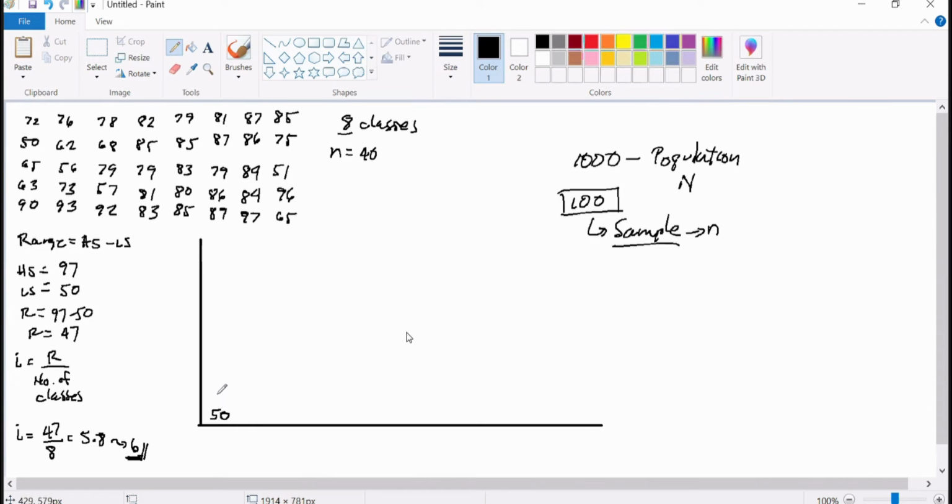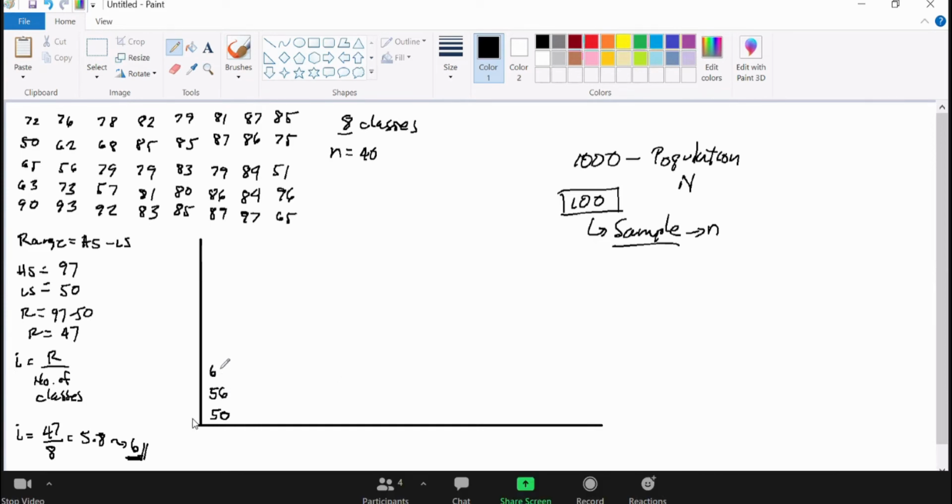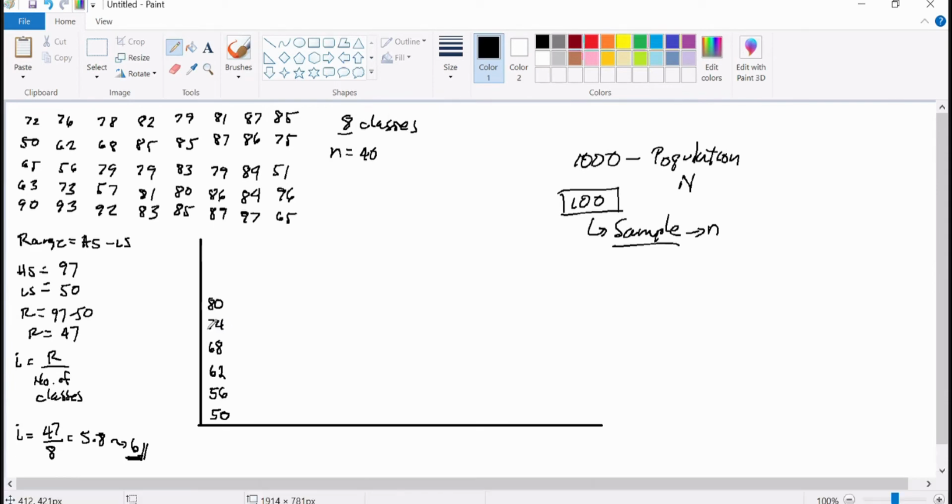The next class starts with 56, followed by 62, 68, 74, 80, and we do this until we reach 8 classes. So 1, 2, 3, 4, 5, 6, means 2 more: 86 and 92.